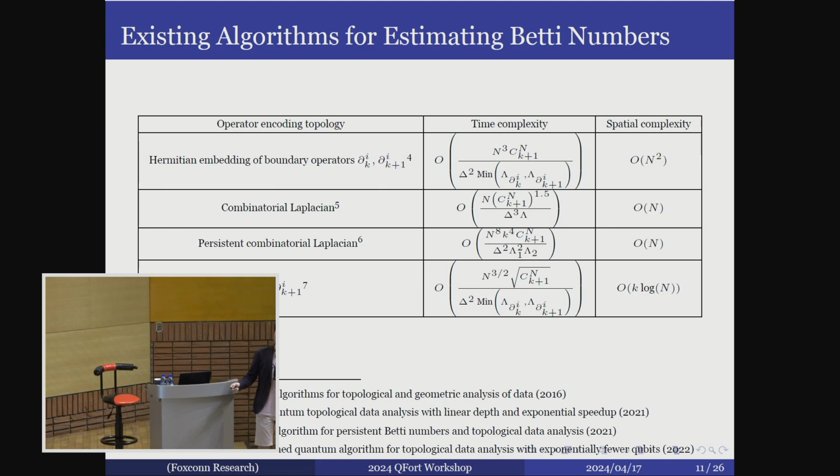And then there are a few follow-up results, right? They improve slightly on the dependency on N. And the recent one is by Gideon, Mario Berta, and a Caltech student. Instead of improving time complexity, they improve the space complexity, meaning the number of qubits that you need to use in your quantum algorithms.